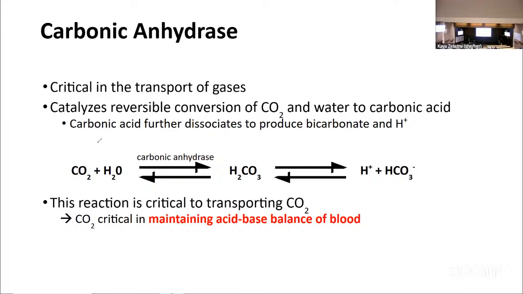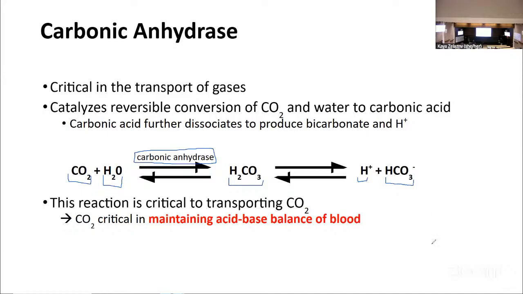So what we see here is this reaction between carbon dioxide and water catalyzed by carbonic anhydrase, which you would have in a red blood cell, and you would have in your body in general, gives us some carbonic acid, which then can dissociate into hydrogen ions and bicarbonate ions.